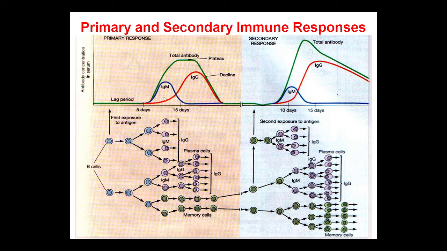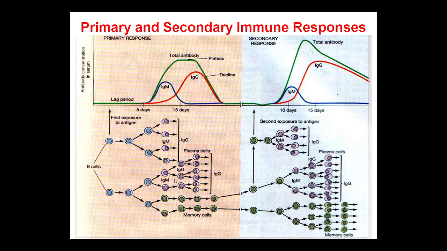The peak of this immunoglobulin concentration is comparatively low, and the period where this antibody may be detected in our plasma is short. It means from 5 to 15 or 20 days, so 2, 3, 4 weeks.